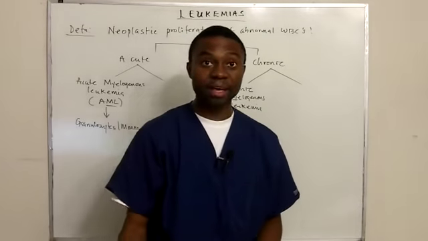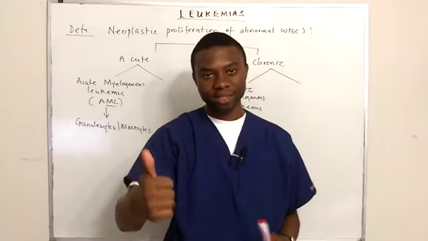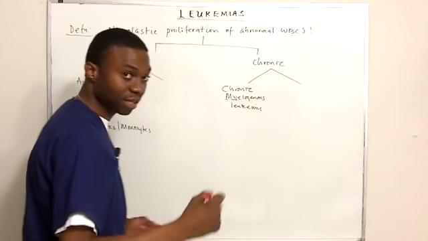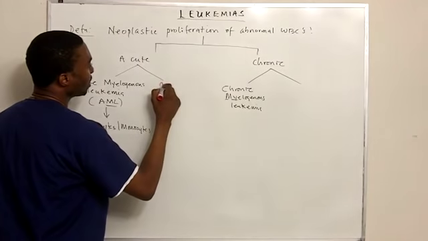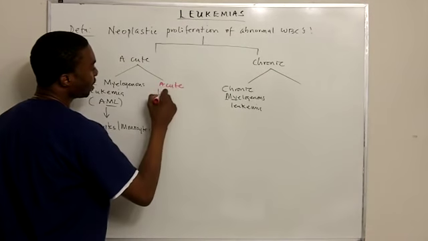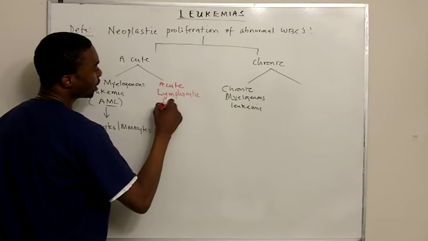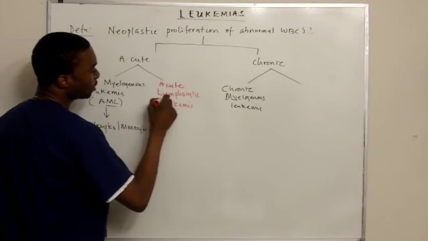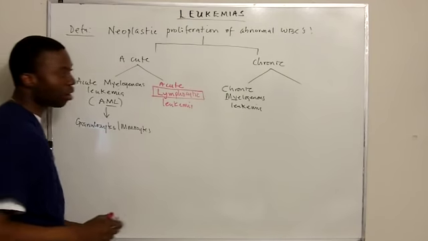However, if the lymphocytes, right? Remember, lymphocytes are your B cells, your T cells. If it's a lymphocytic distribution of the leukemia, we call that an acute lymphocytic leukemia. See that? The word lymphocytes, probably a B cell or a T cell.